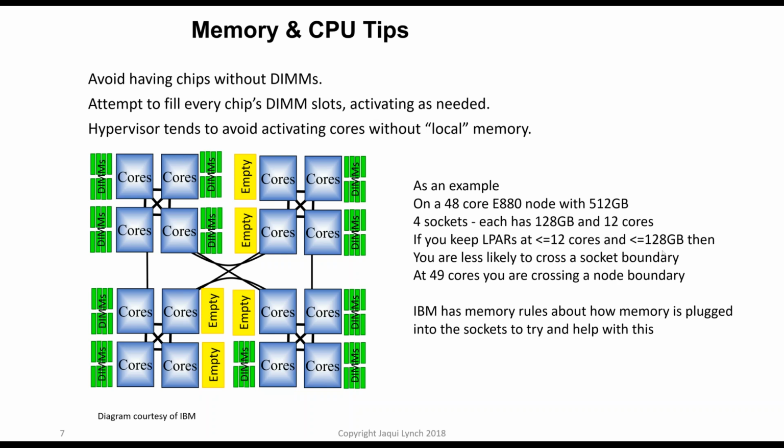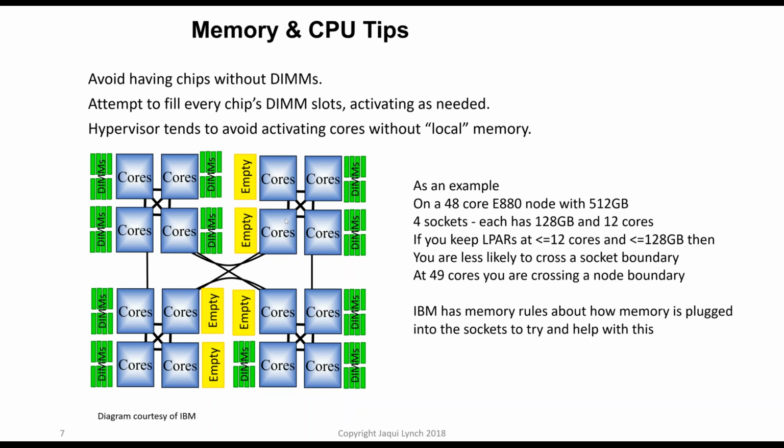With 512 gig, each socket would be given 128 gig of memory, and each socket is 12 cores. So if you keep your LPARs to less than 12 cores and less than 128 gig, then you're not going to cross a socket boundary. As soon as you start crossing socket boundaries, or worse, node boundaries, your memory performance goes downhill. So it's just something to think about.